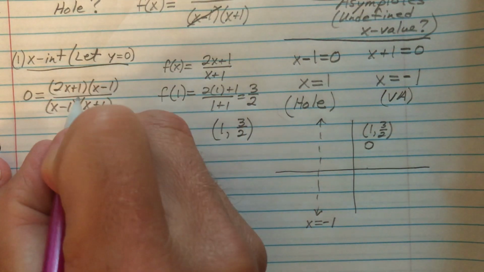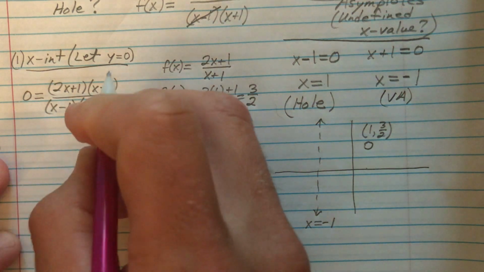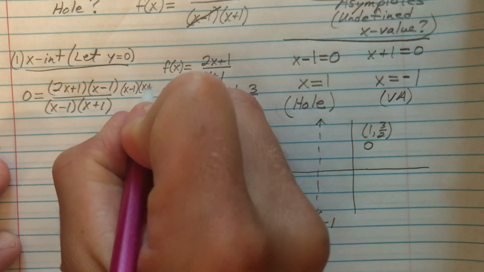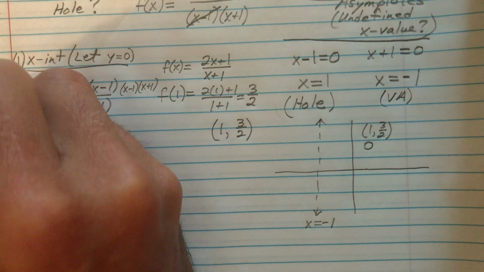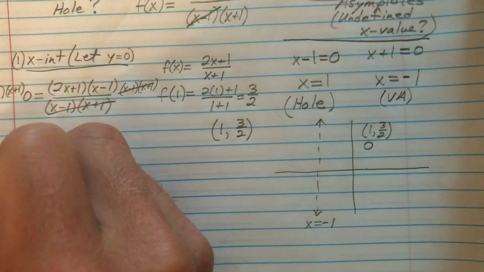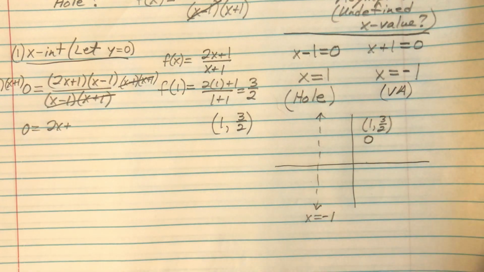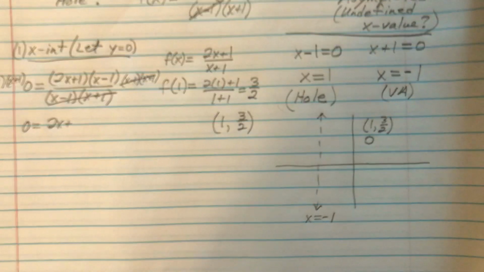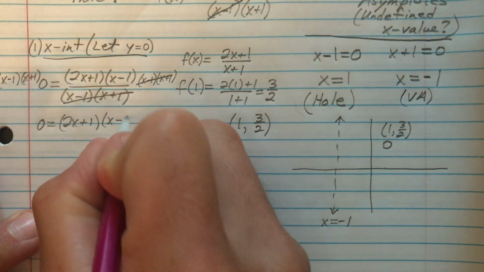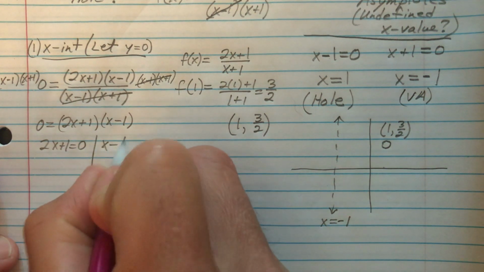So the first thing we do to solve this is we want to get rid of this division by these factors. To undo division, you multiply. So these all cancel. 0 times anything is 0. We're going to set these factors equal to 0 and solve. 2x plus 1 equals 0, and x minus 1 equals 0.